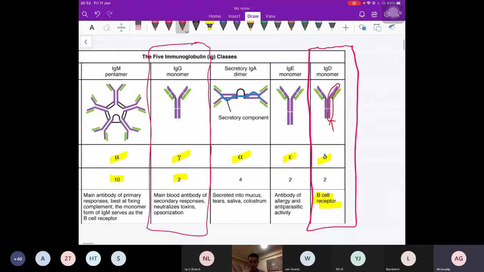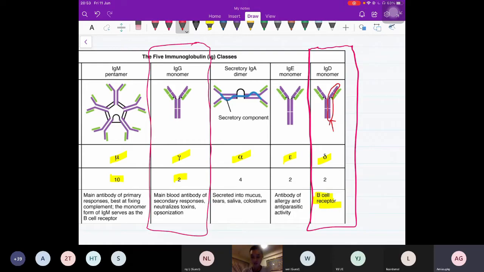After that, you do 2 rounds, you get 2 heavy chains, and then you do 2 rounds of your VJ recombination, then you get your 2 light chains, after which you get your whole B cell receptor. After the activation and differentiation of your B cells, your B cell receptors will undergo class switching to give you your antibodies. You don't have to understand the last part. We'll go back to it later.